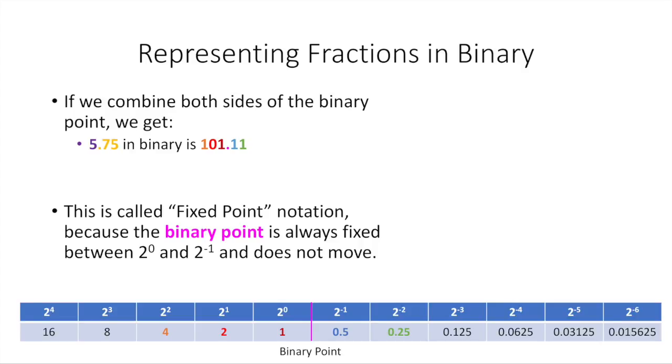That's the division between whole numbers on the left and fractional numbers on the right. Positive powers on the left, negative powers on the right. Yes? So that is fixed point notation. And we could write any fractional number we wanted to in binary this way, with just a point, and then we use whatever fractions of 2 we need to make the number fit, right? So we could do that.